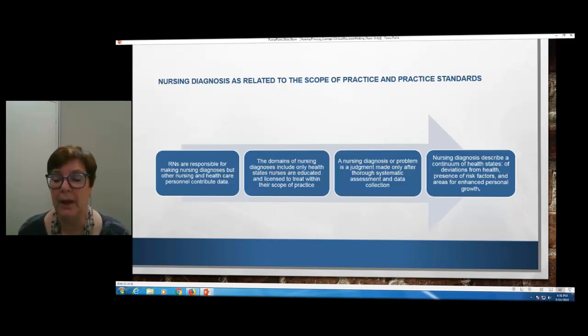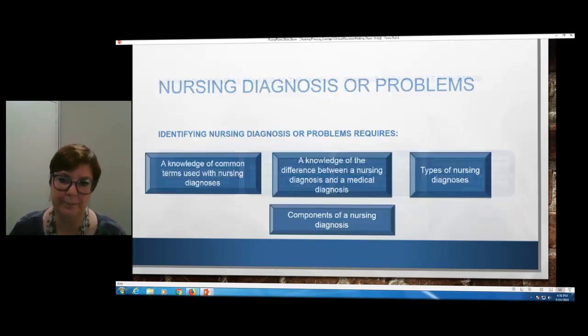Again, it may include the presence of risk factors or areas that we want the patient to grow in, like taking a medication correctly. And we'll also be talking about health promotion, getting the screenings they need to stay in good health. Changing their diet, changing their lifestyle, things that are going to enhance their health.